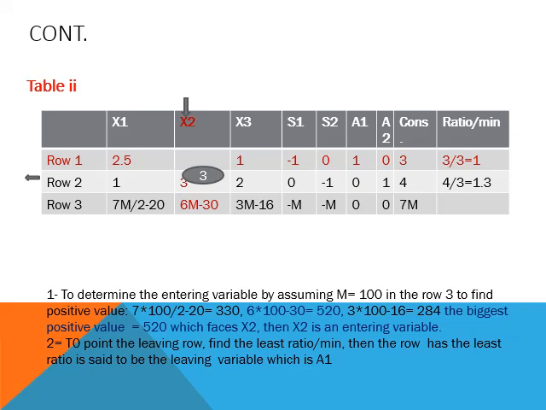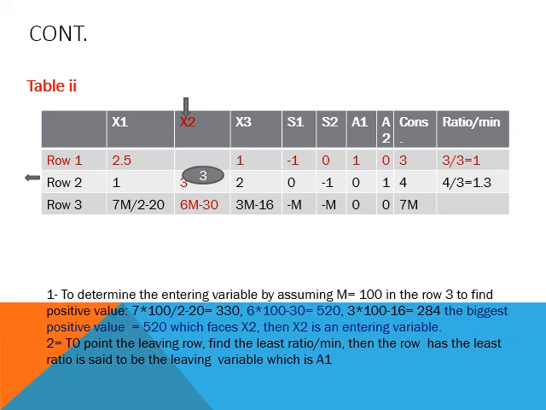Okay, check. 3 over 3 equals 1, the minimum ratio, and 4 over 3 equals 1.3. So row 1 is said to be the leaving variable because it got the least ratio of division. So the row that has the least ratio is the leaving variable, which is A1.